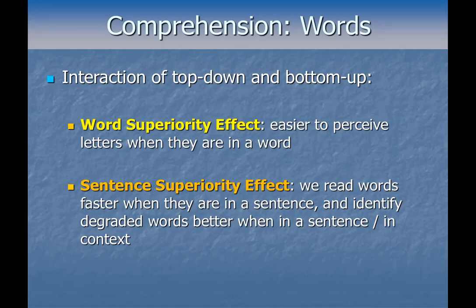That's an example of the word superiority effect that I was talking about a minute ago. It's easier to perceive letters, so we're more accurate and we're faster when they're within a word. This is really weird if you think about it, because it should be that perceiving the entire word takes longer, right? It should take longer to perceive more things.